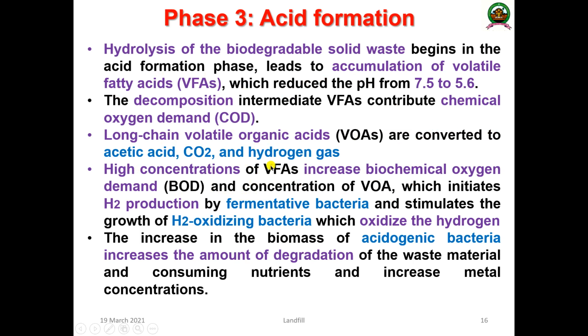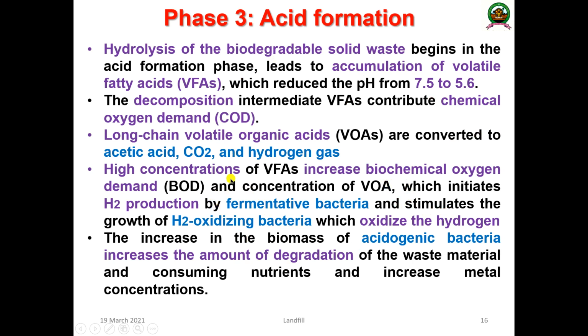High concentration of volatile fatty acids increases the biochemical oxygen demand.